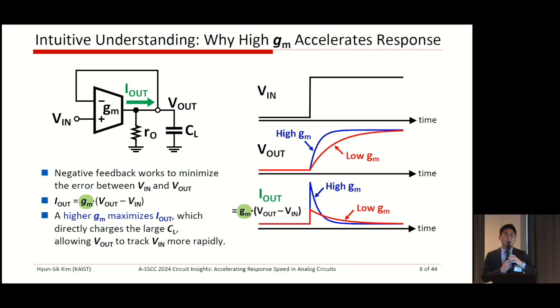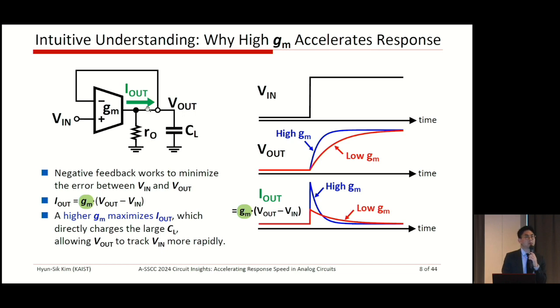Okay, so so far we have seen why the bandwidth is determined by transconductance, but it's not intuitive. So this slide shows why the higher GM transconductance accelerates the response. Okay, in order to change V out, a charging or discharging current is necessary, pouring into the CL capacitor, right?